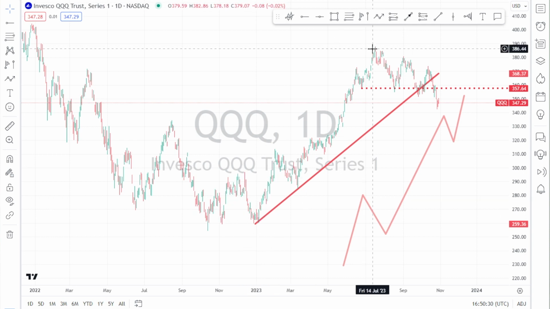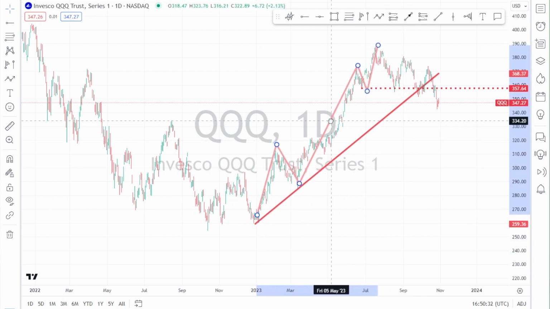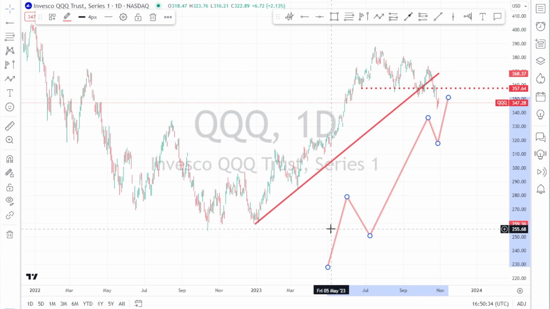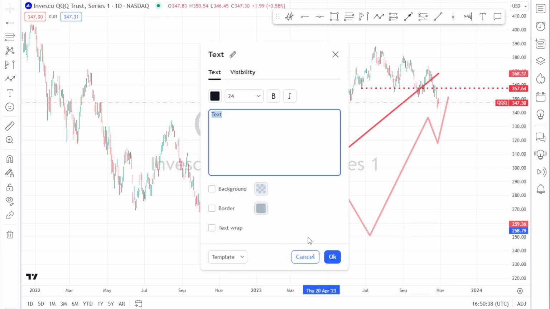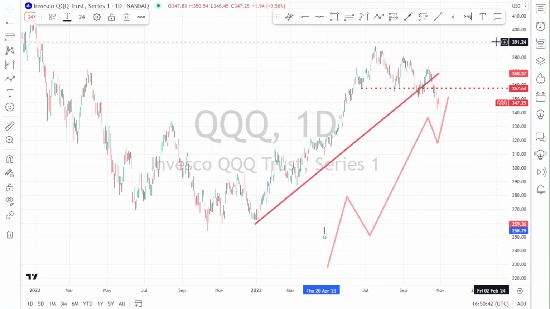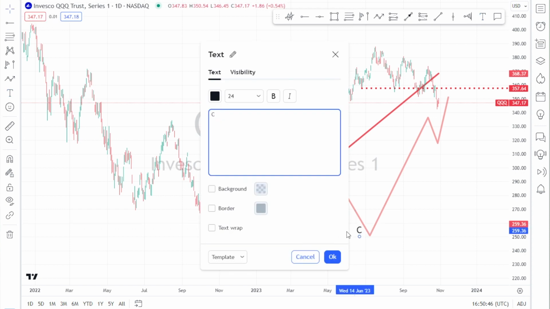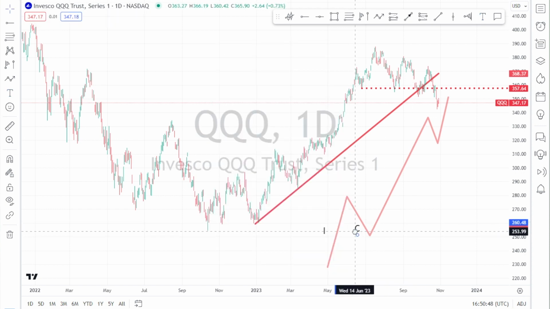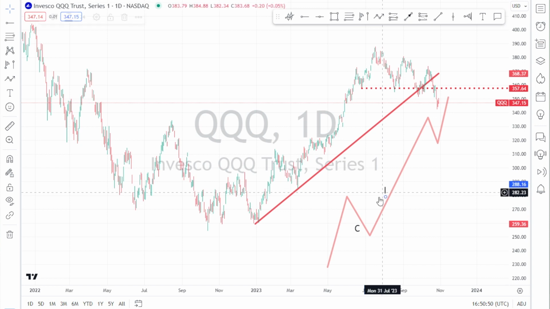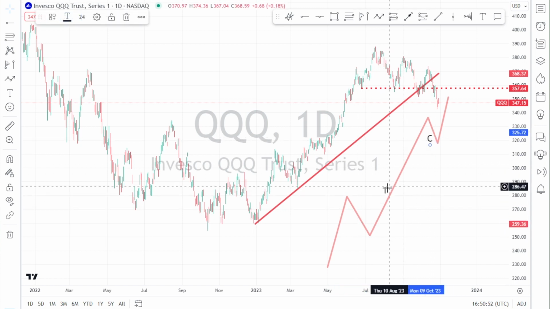Let me overlay that again. You can see it. This is the impulse. Here, let me actually write that. There's an impulse, and there's a correction. Okay, so impulse, correction, impulse, correction, impulse.